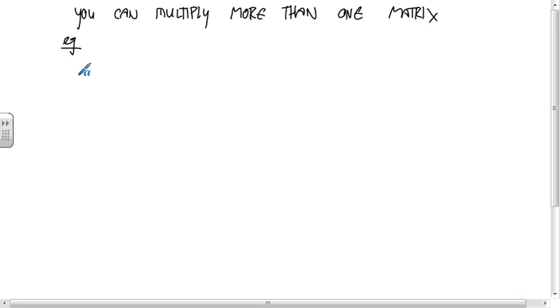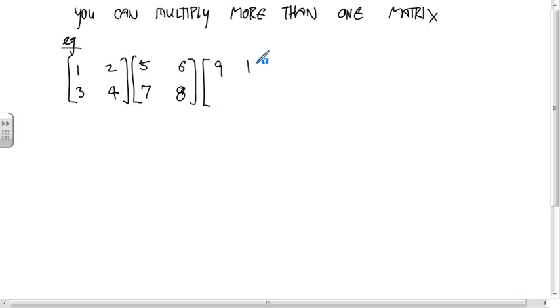You can multiply more than one matrix. For example, you could multiply 1, 2, 3, 4 times 5, 6, 7, 8 times 9, 10, 11, 12 by first multiplying two of them and then multiplying by the next one.